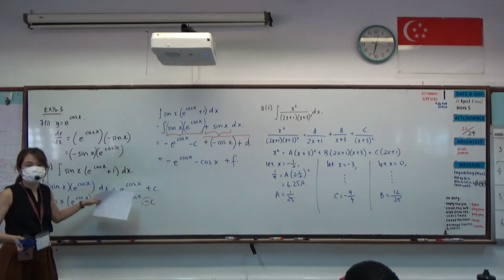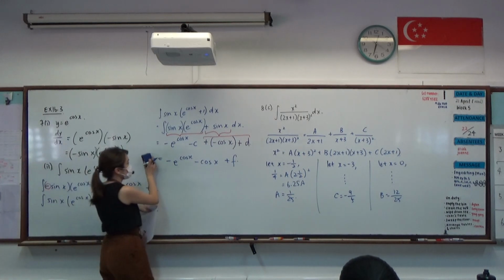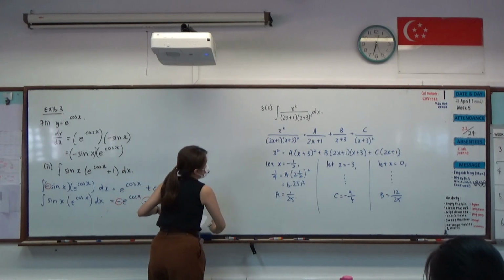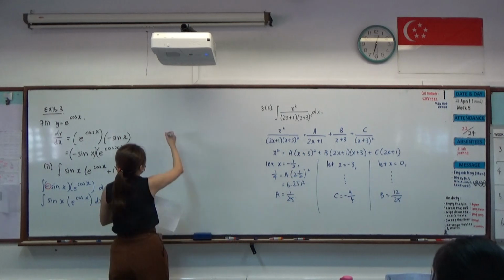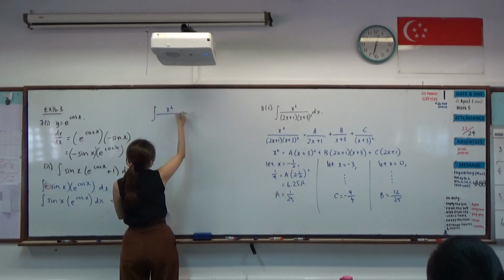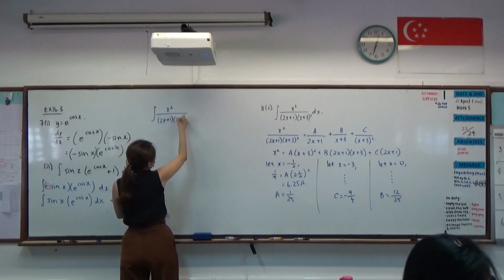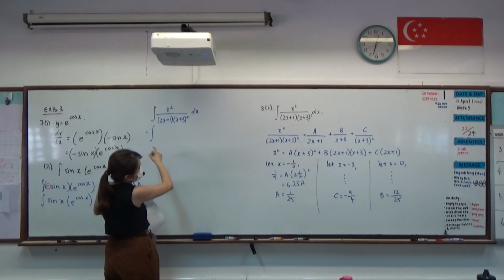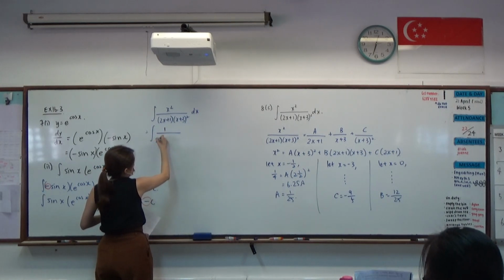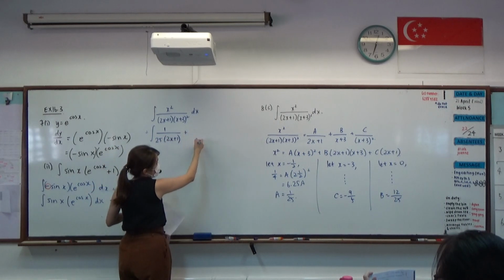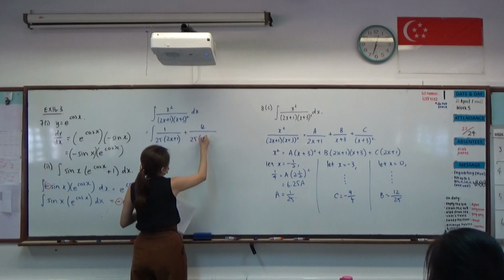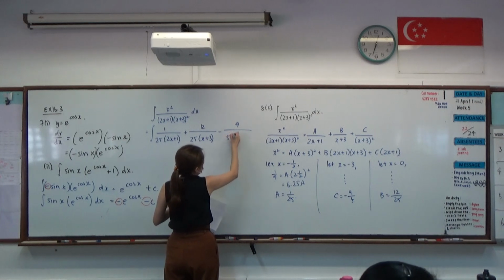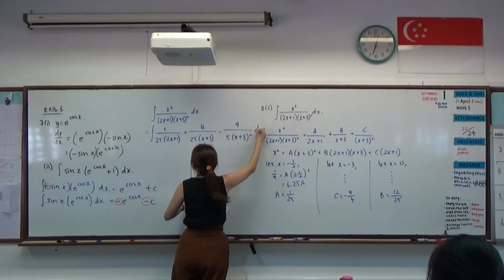Could I erase the earlier one, question 7 already? Okay, then that means that our integral will be equals to integrating 1 over 25, 2x plus 1, plus 12 over 25, x plus 3, minus 9 over 5, x plus 3 squared dx.